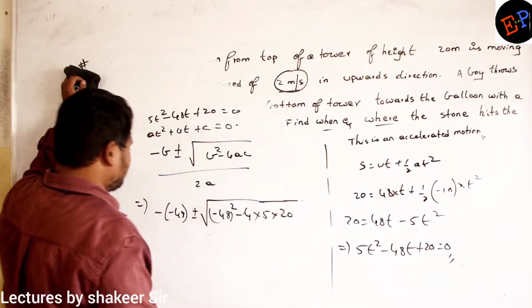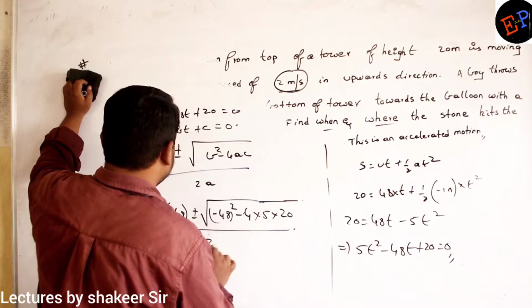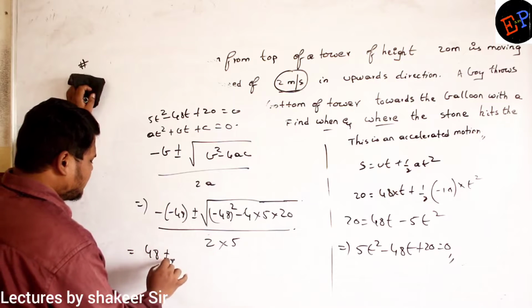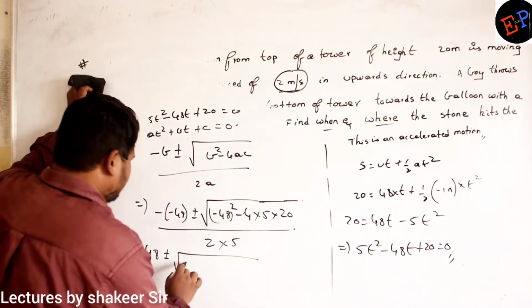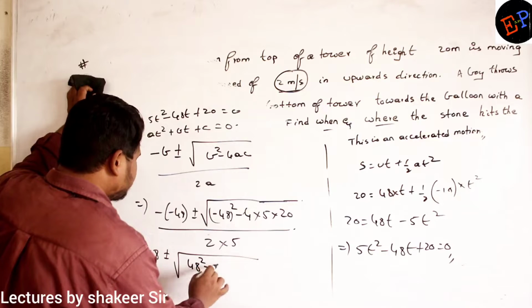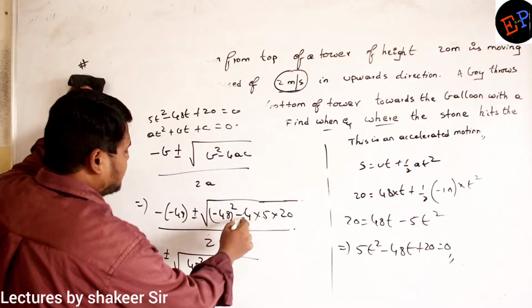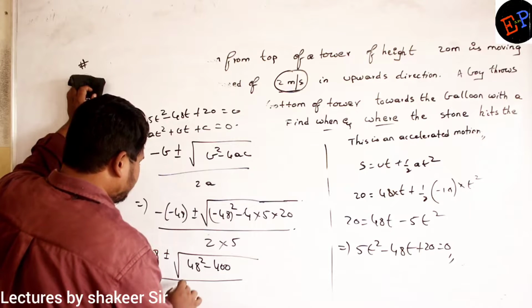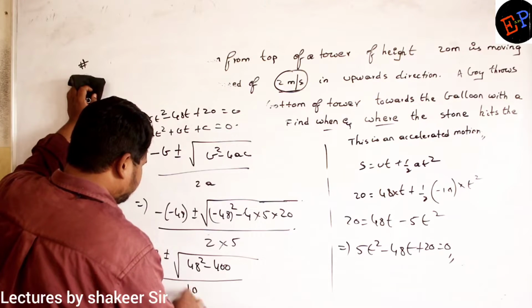That's all, number. So divided by 2a. So 2 into a value is 5. Are you able to understand? So therefore 48 plus or minus square root of 48 whole square minus how much, ma? 20, 20 fives are 400, divided by 2 fives are 10.